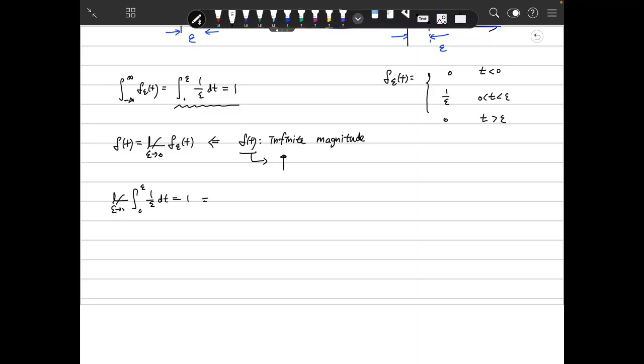So the limit as epsilon goes to 0 of the integral from minus infinity of delta epsilon t dt is 1.